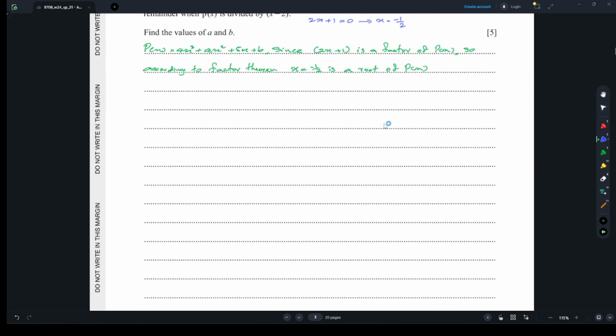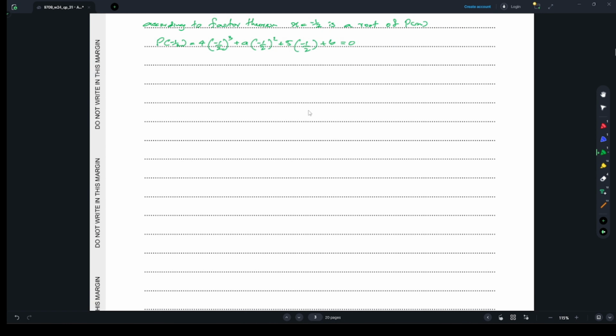According to the factor theorem, if you substitute the root, then the answer is 0. So we can write p of minus half. Instead of x, we substitute minus half: 4 times minus half cubed plus a times minus half squared plus 5 times minus half plus b. When we substitute the root into the function, the answer is 0.